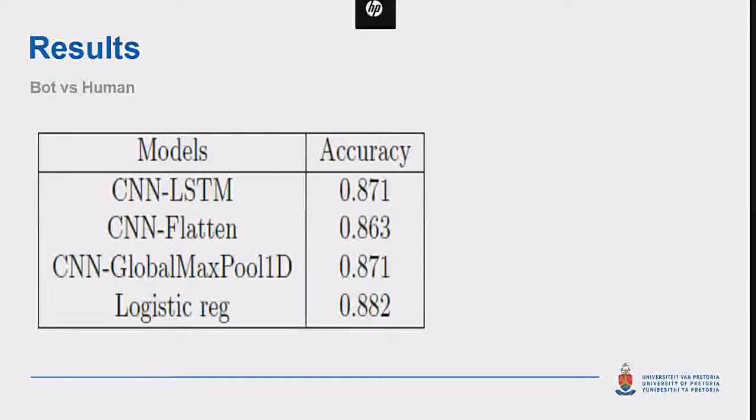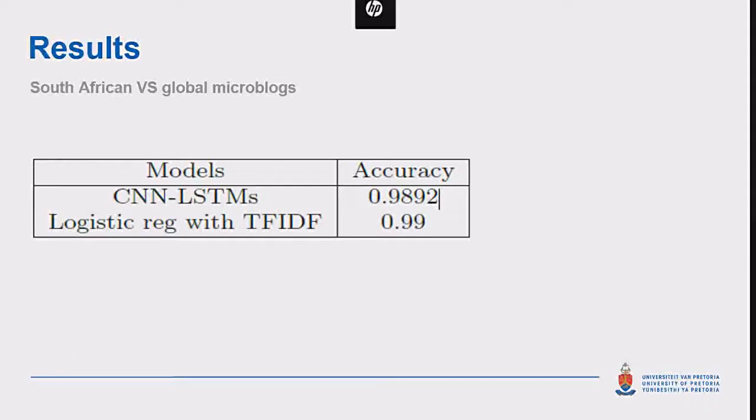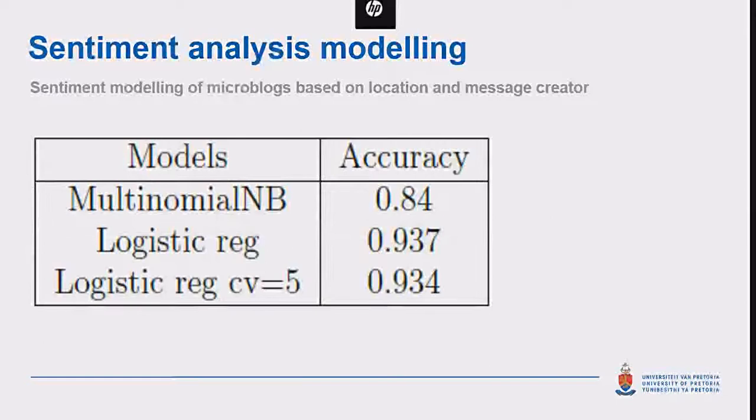The results for the training accuracy for the bot versus human classification had an average of 86% training accuracy, for the local versus global classification an average of 98% training accuracy, and for the sentiment classification an average of 90% training accuracy.